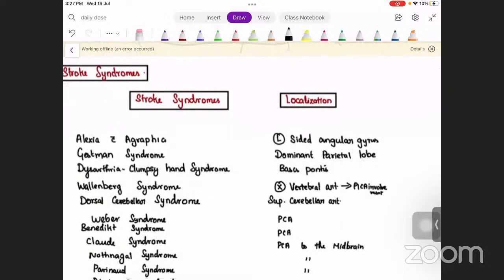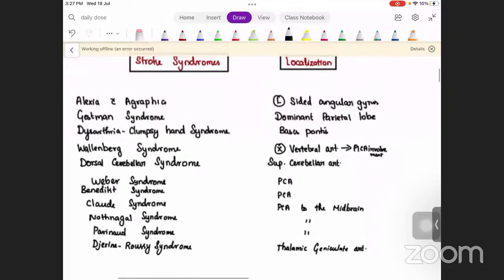Apart from that, there are syndromes associated with stroke, and you have the stroke syndromes and their localization. Alexia and agraphia: left-sided angular gyrus. Gerstmann syndrome: dominant parietal lobe. Dysarthria clumsy hand syndrome: basis pontis.